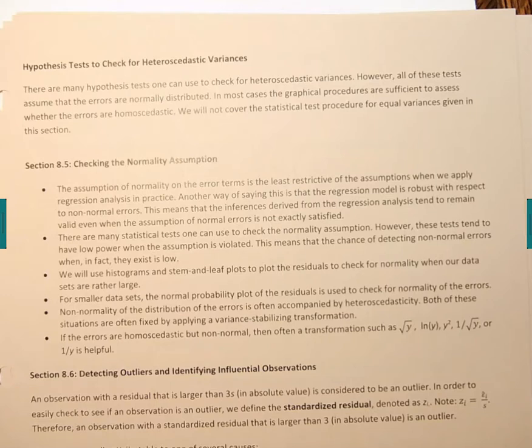And so we're not going to cover those test procedures for equal variances given in this section. But do know that they are out there, and you can use the graphs or plots, but you always take those with a grain of salt. In practice, I look at plots all the time to decide whether or not assumptions are reasonable, but in the back of my mind, I also know there are hypothesis tests to help me check those.